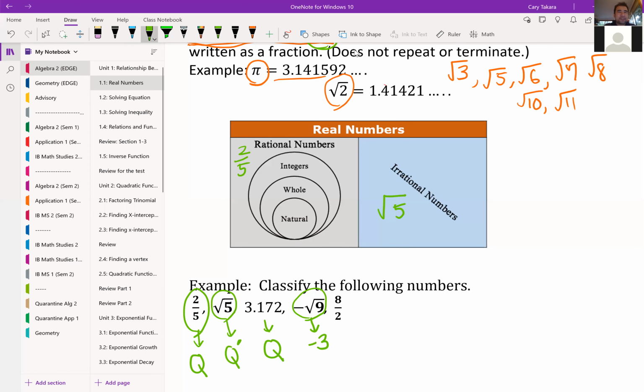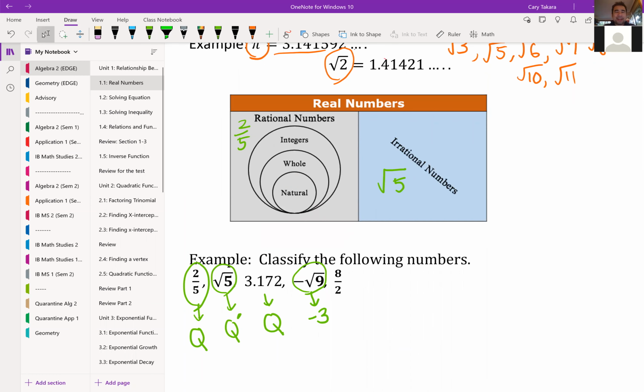Now, what is -3? -3 is an integer, isn't it? So that's a Z. But also, -3 is inside the rational numbers box, because you can write -3 in fraction form, can you not? -3 over 1, isn't that a fraction?